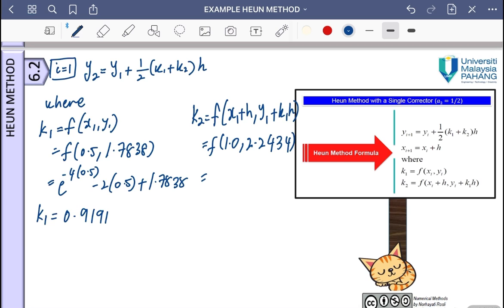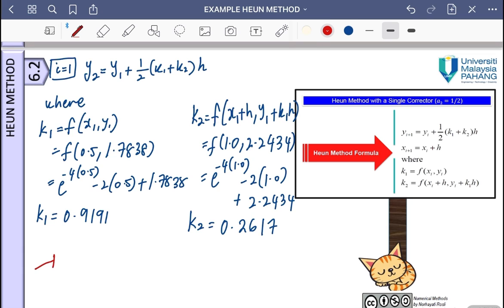Then substitute into the equation: exponent negative 4 times 1.0, minus 2 times 1.0, plus 2.2434. So you obtain K2 equal to 0.2617. Now we can approximate our second solution, y2.